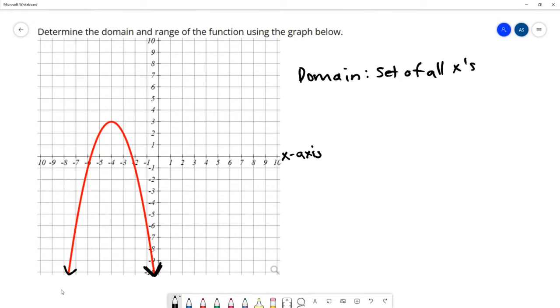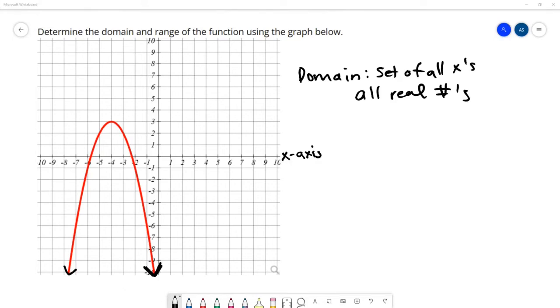We can say that all of these x's are covered, and with this one going down and to the right, that means all of these x's here are also included in the graph. So the set of x's we're talking about are all real numbers. Our domain is all real numbers.